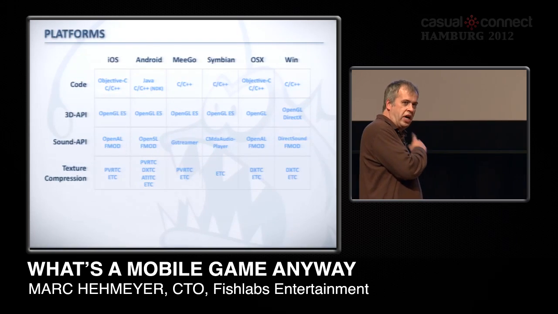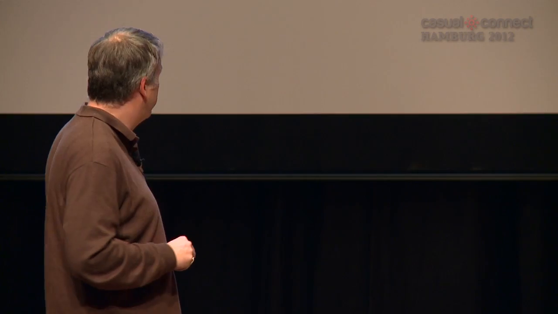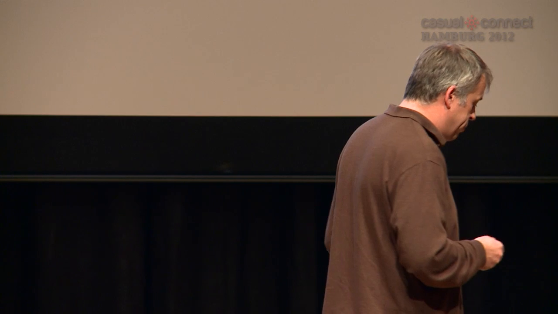Since we have great textures, you have to use texture compression. So you need a tool pipeline that outputs every texture in different texture compression formats to support every platform out there.